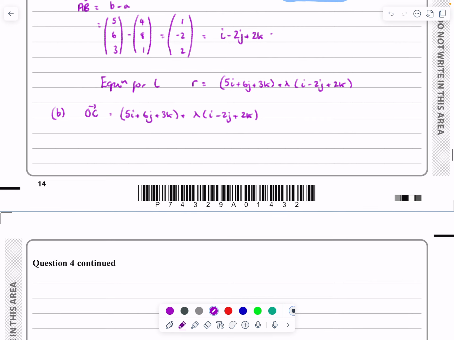Now I'm going to tidy that up and get it all in terms of i's, j's and k's. So that's 5 plus lambda i, plus 6 minus 2 lambda j, and plus 3 plus 2 lambda k. So that's my OC.